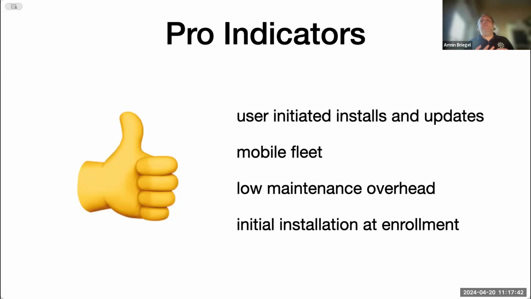And then the initial installation and enrollment. Because Installomator is a script, depending on your management system, we can usually control very well when a script gets launched, versus a Mac App Store installation or something like Jamf App Installers, because they use MDM commands and they might come in at a somewhat later time than the actual enrollment because of how MDM works.